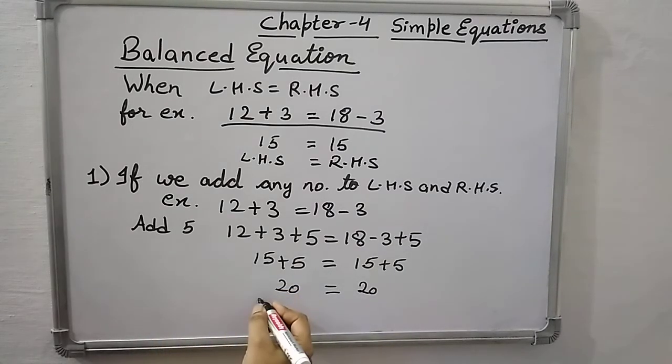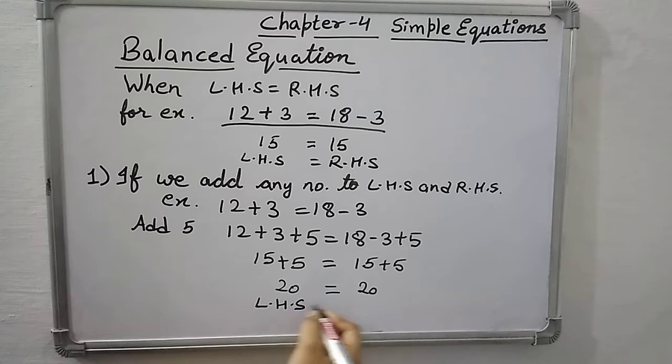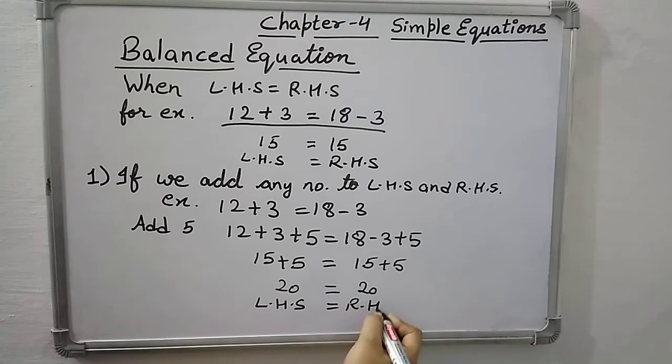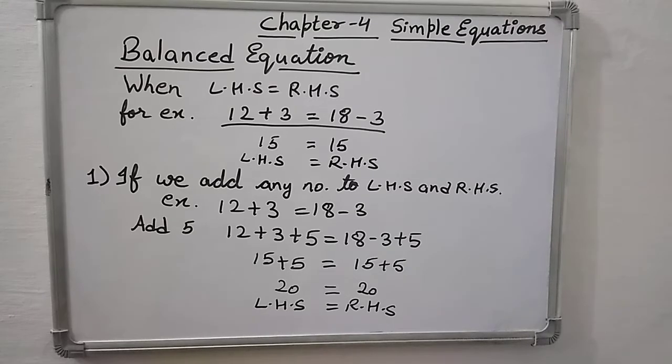So that means value of LHS is equal to value of RHS, which concludes that adding any number on both the sides doesn't make any difference to our equation. That equation will always remain a balanced equation.